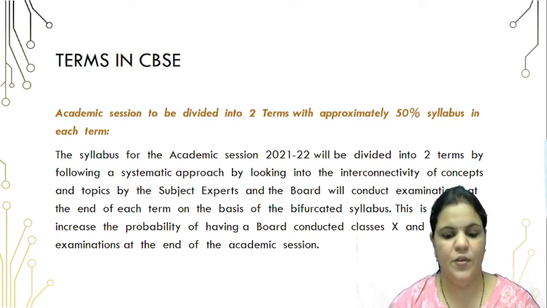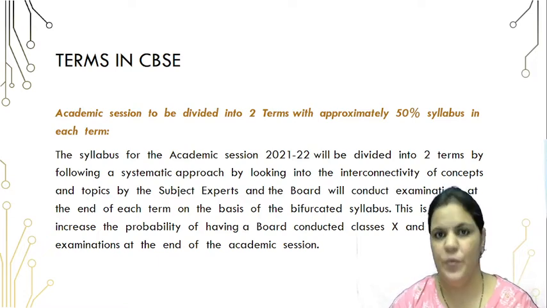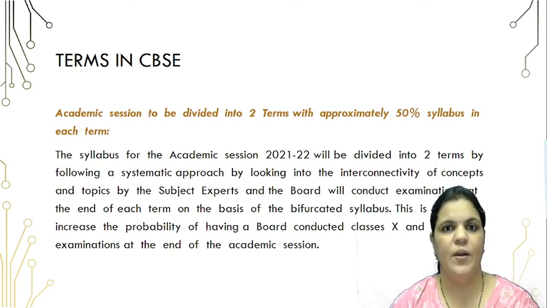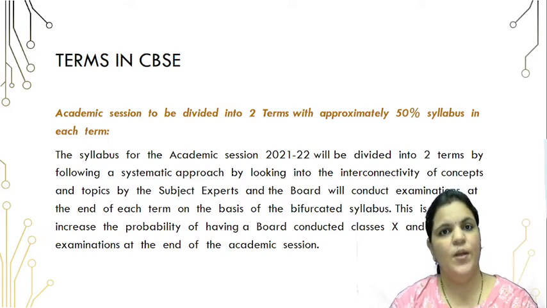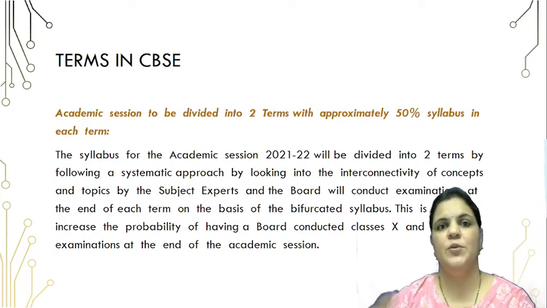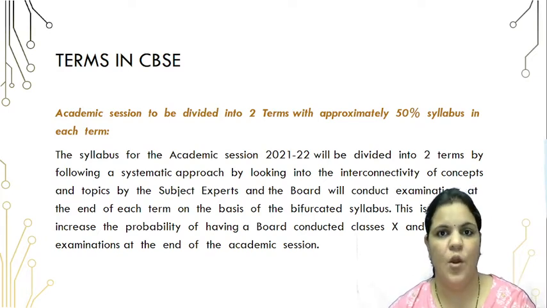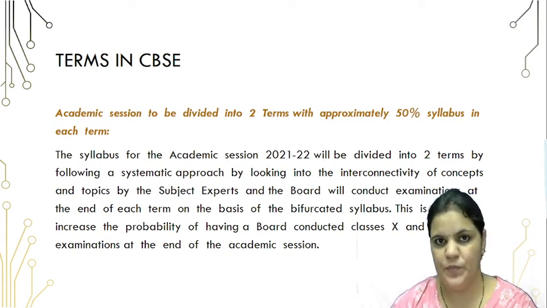The weightage for term 1 and term 2 will be given as per the corona situation. If in term 1 the corona condition improves and students are able to come into school and give the paper offline, then the weightage will be given more to term 1. If the corona condition improves in March-April and students are able to come to school to give the exam in offline mode, then the weightage will be given to term 2.